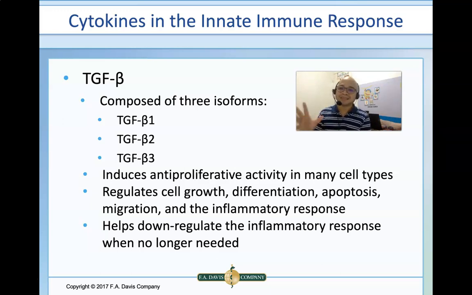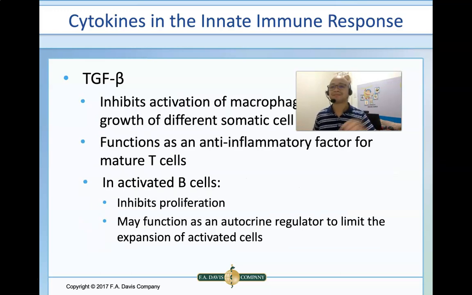So, this one is very important because it will help down-regulate inflammatory response, especially when inflammation is no longer needed. Maybe because we're able to localize already the infection, or tissue healing or tissue repair has already taken place. So there's no need anymore for inflammatory response. So that's the time that TGF beta should play a very important regulatory function. Okay.